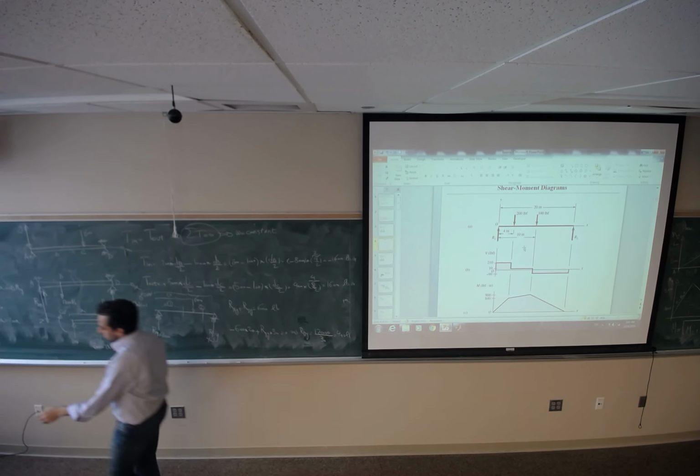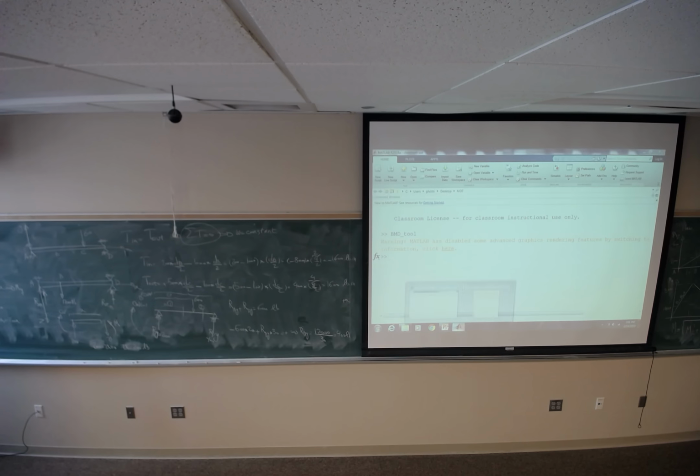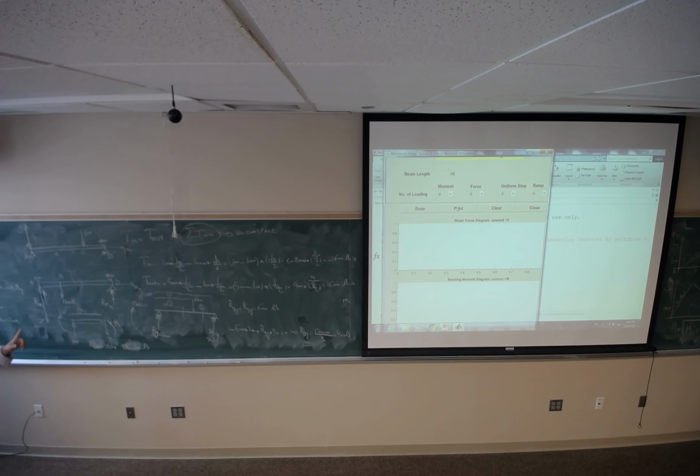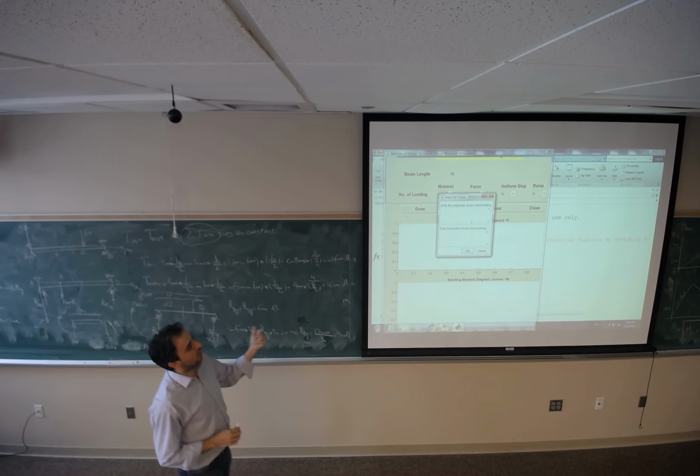So back to the box: no moment, no distributed load, but here you pick 4. If you pick 4, it's going to ask you the magnitude and the location of the forces.